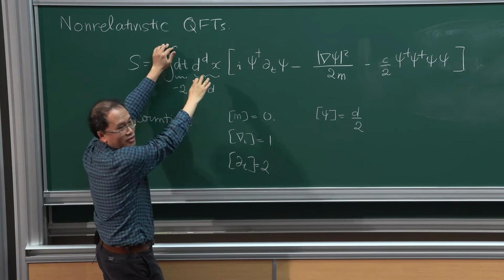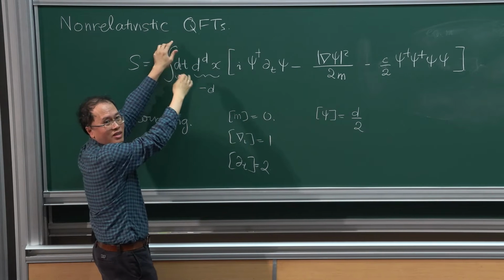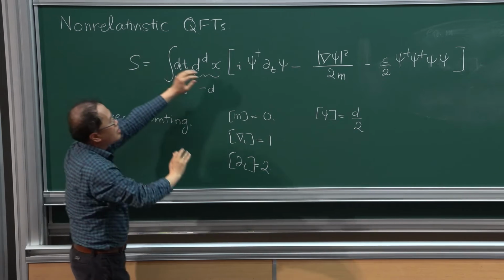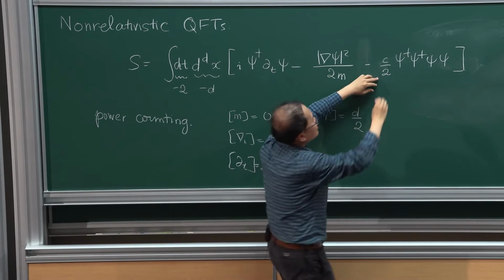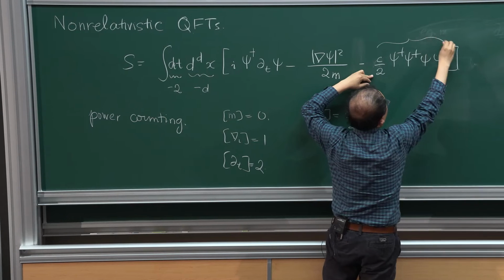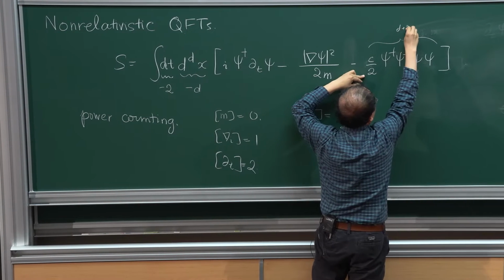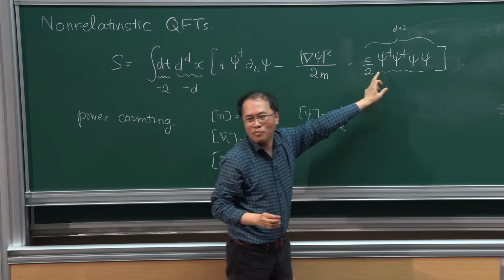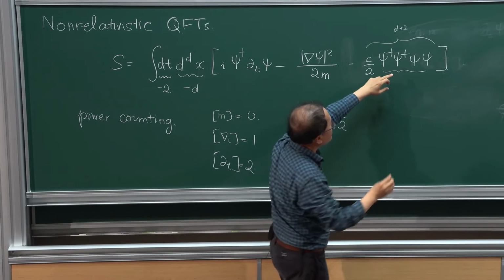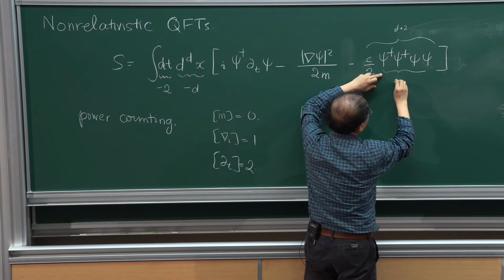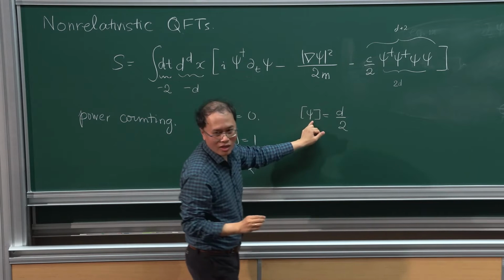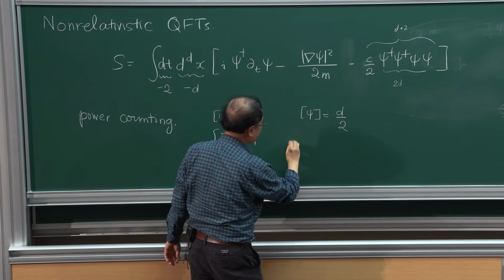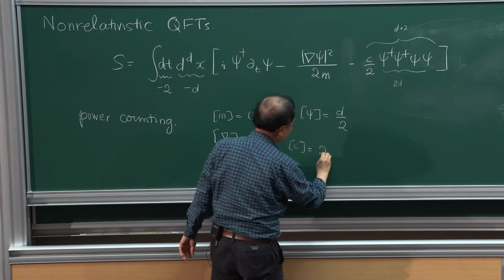And we integrate over the whole space-time, dt dx, and we get a dimensionless action. The dimension of this operator has to be d plus 2. But the dimension of the phi-4 interaction term is 2d because it contains 4 factors of psi. So the dimension of the coupling constant C is equal to 2 minus d.